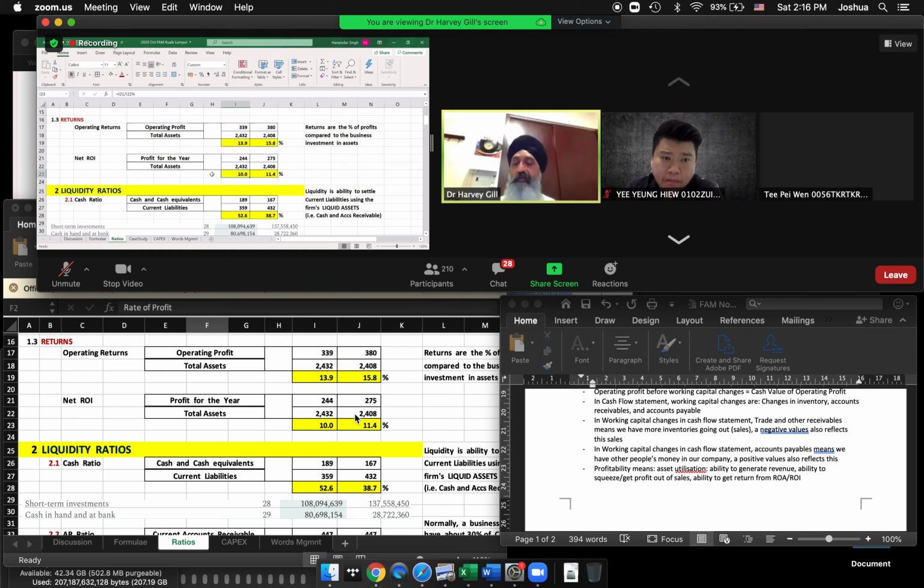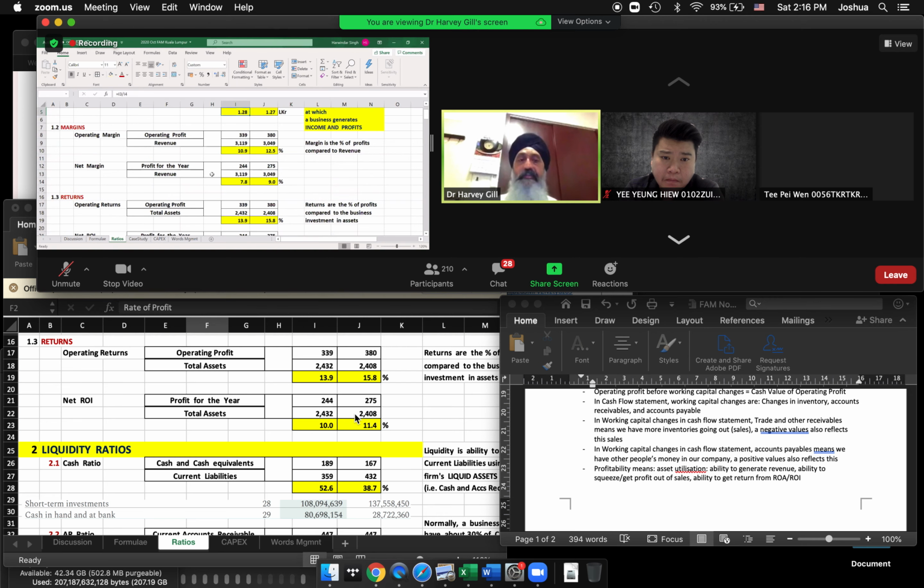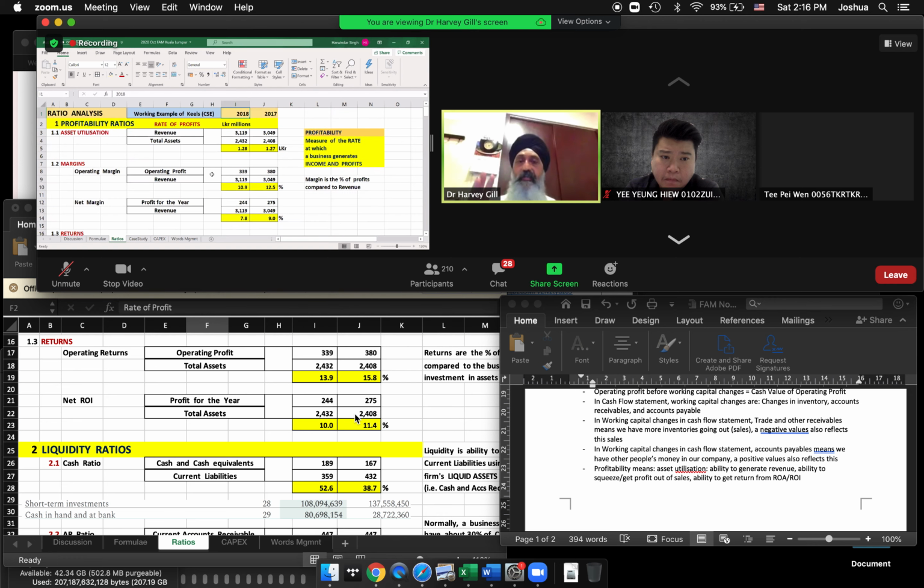So please remember, for profitability there are three things that you are testing. How much sales you make, revenue divided by total assets, that's the formula. How much revenue you generated for every dollar of total assets, and then the second section is, from that revenue, how much profit were you able to get?